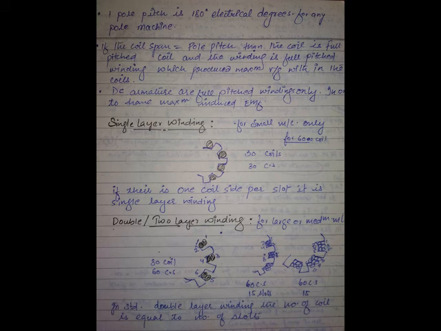So if there are more conductors in series, more voltage. If there are more parallel paths, you will have more current rating. Right, now: multiplex windings increase the current rating and the loading capability of the machine.